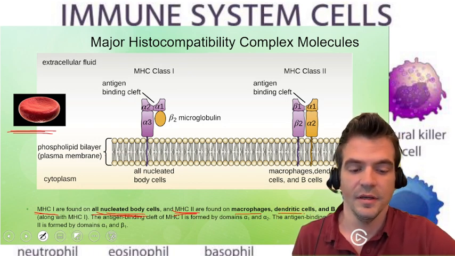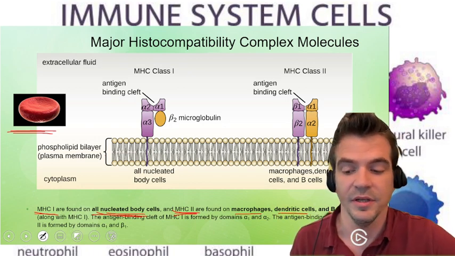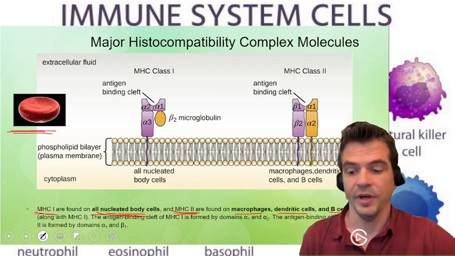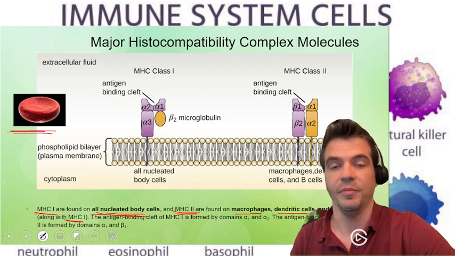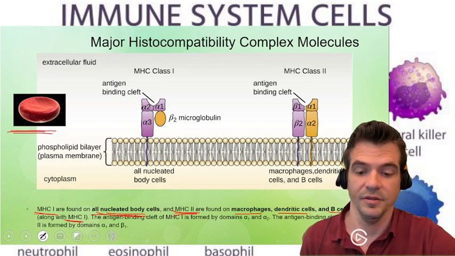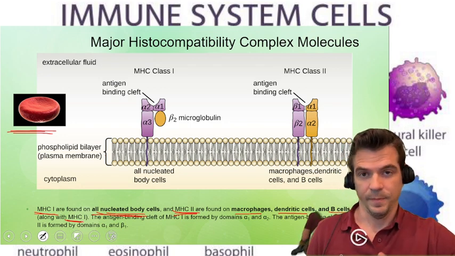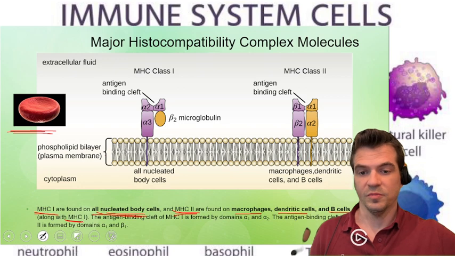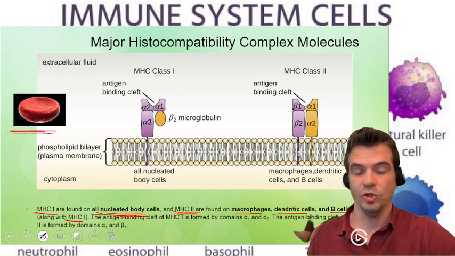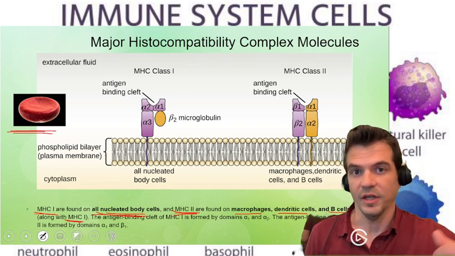macrophages, dendritic cells, and B cells. They also have MHC1s, right, because they are nucleated body cells. But their MHC1s perform a function, and the fact that they have an MHC2 performs a different function.